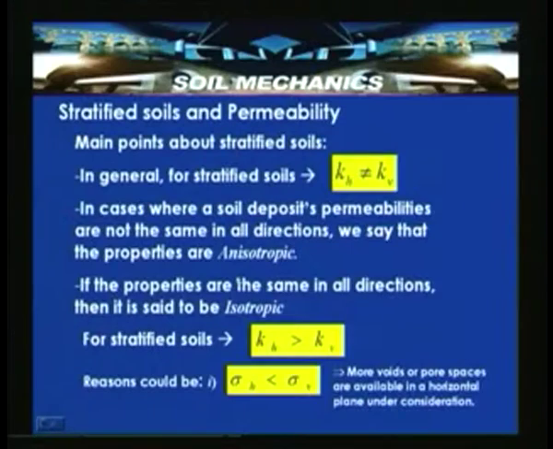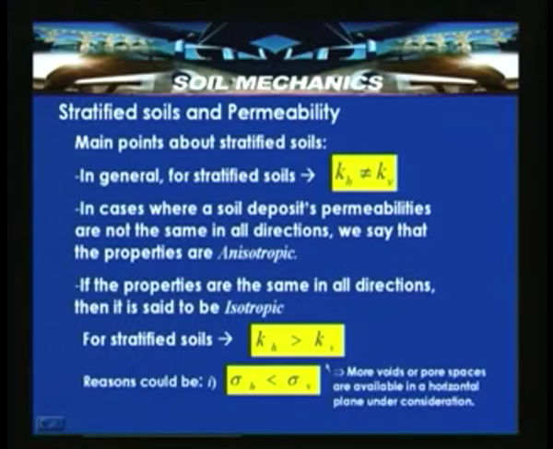For example, if you are considering flow in three directions, with permeability in the x, y and z directions, and the permeability is not the same in all directions, say Kx is not equal to Ky is not equal to Kz, then we say it is an anisotropic condition. Where the soil deposit permeabilities are not the same in all directions, the properties are anisotropic. If the properties are the same in all directions, it is said to be isotropic from the permeability point of view.